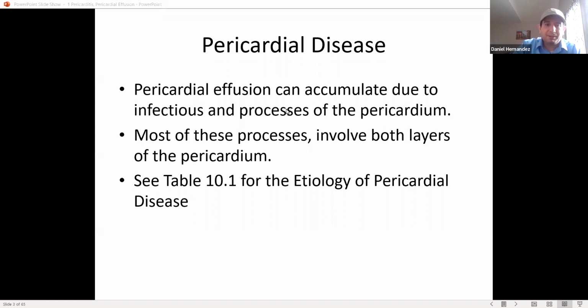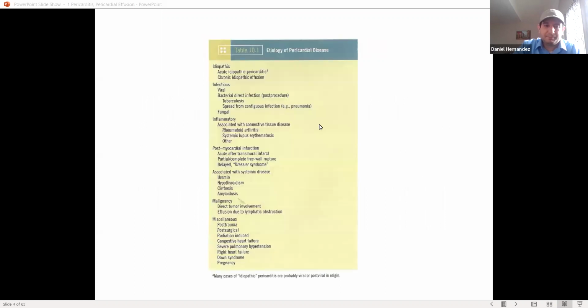Most of these processes involve both layers of the pericardium, and can cause patients to develop pericardial effusions.